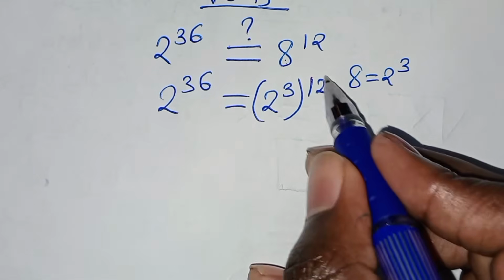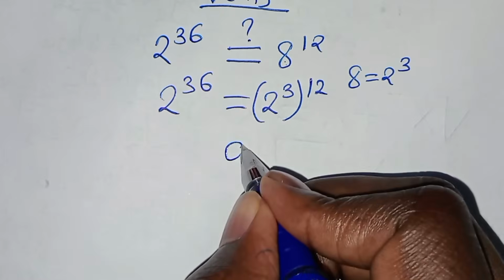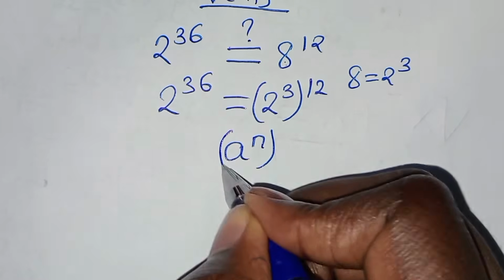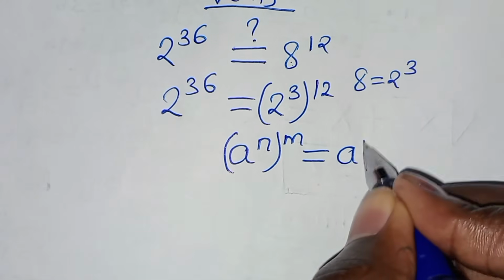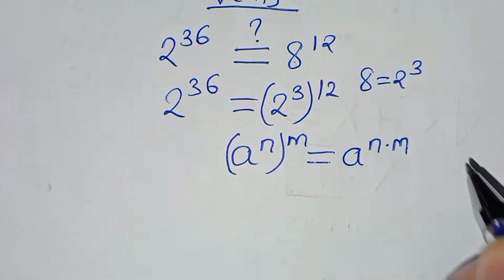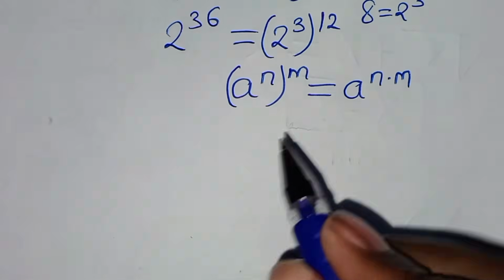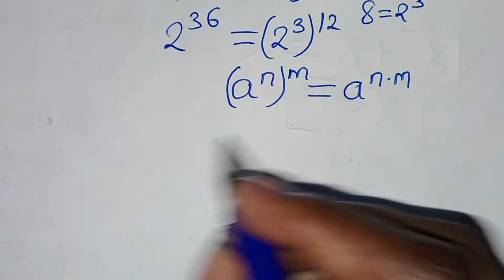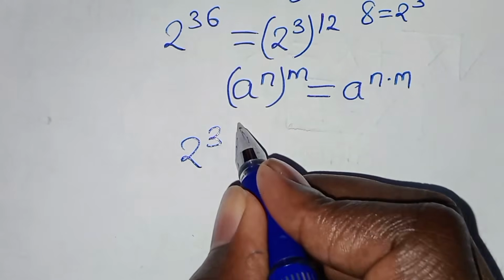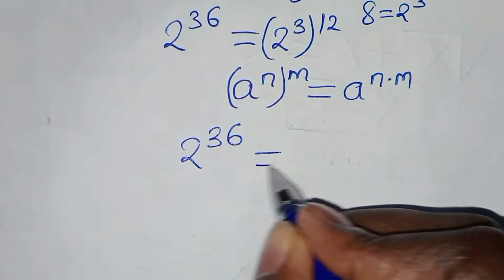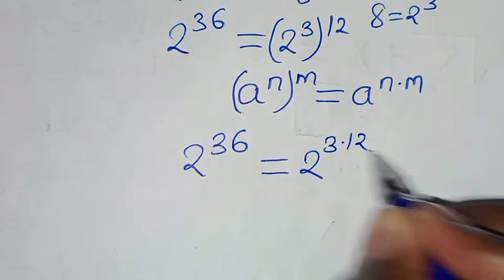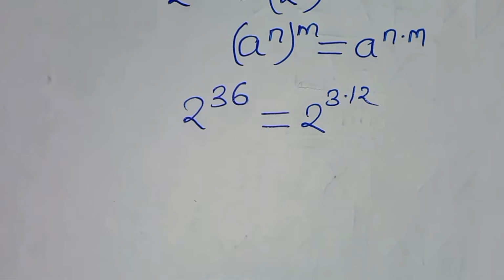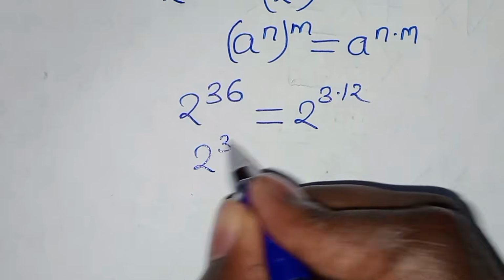Now 2 to the power 3 raised to the power 12 is in the form of a to the power n raised to the power m, which we can express as a to the power n times m. Now applying this exponent property, here we have 2 to the power 3 times 12, and therefore 2 to the power 36.